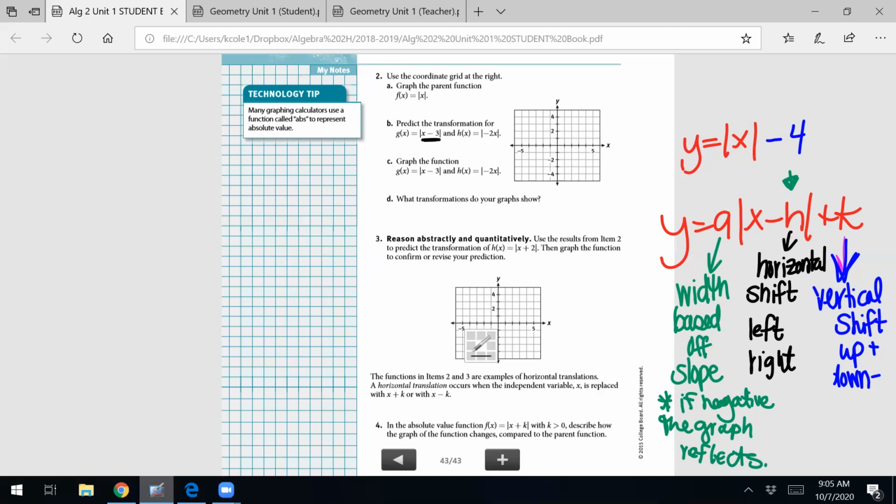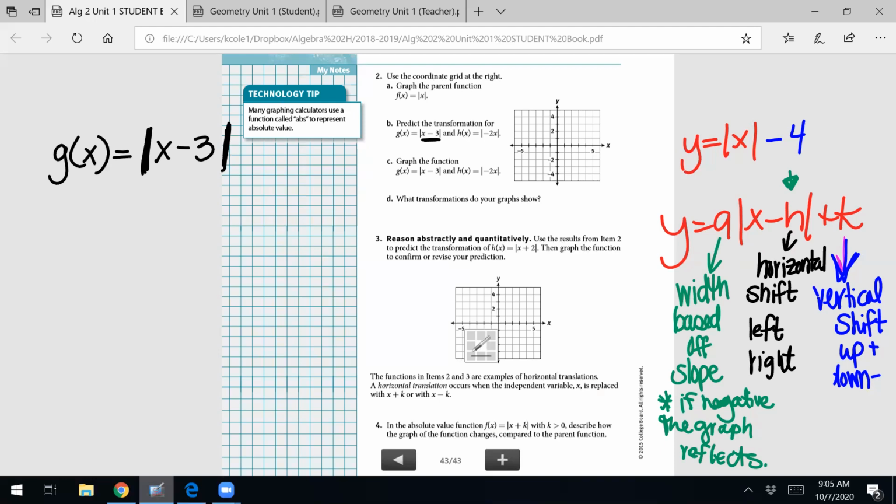So first of all, your horizontal shift will always be inside the bars. So inside the bars, if you've got a plus or a minus, you're going left or right.